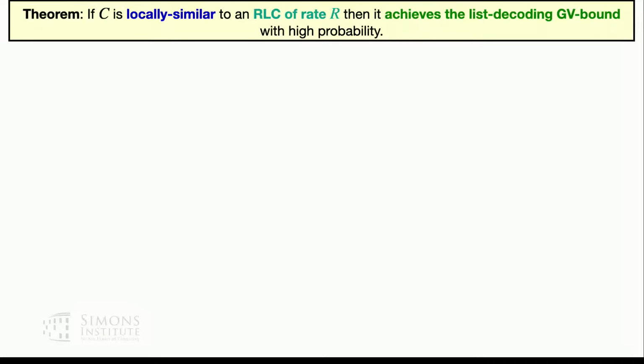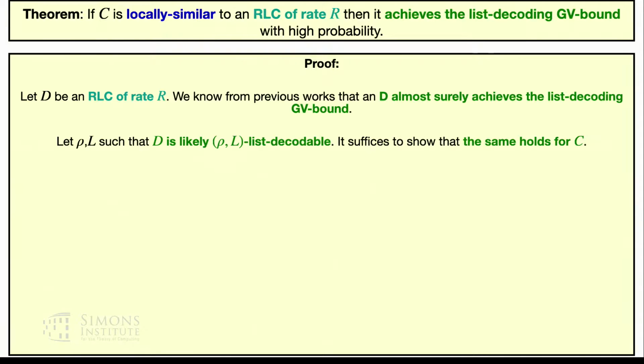So this is the only slide where I actually show a proof, because it's important. I'm going to go over it quickly, but it is going to be written for you. So the theorem is that if a code C is locally similar to a random linear code, then, for example, it achieves the list decoding GV bound with high probability. Okay, how do we prove this? So let D be a random linear code.